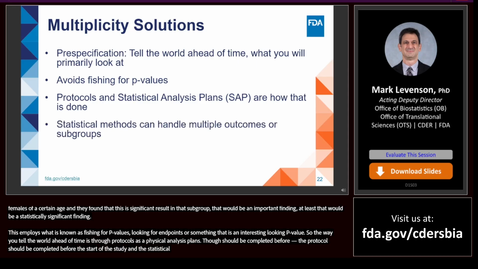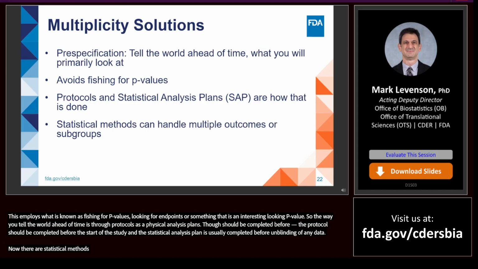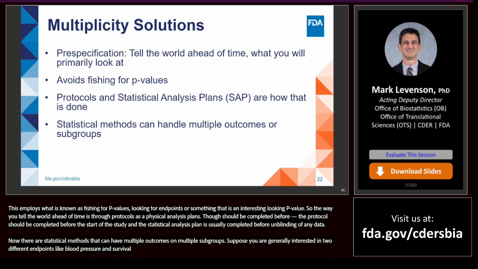Suppose you genuinely are interested in 2 different endpoints, like blood pressure and survival. There are statistical methods that can properly adjust for these multiple comparisons and this multiplicity. I certainly won't go into them today, but the important thing is they need to be pre-specified too.